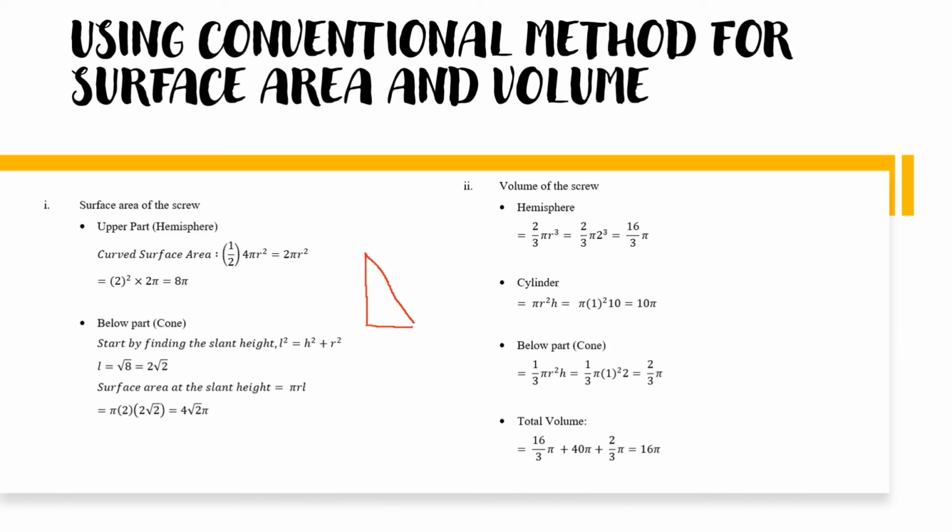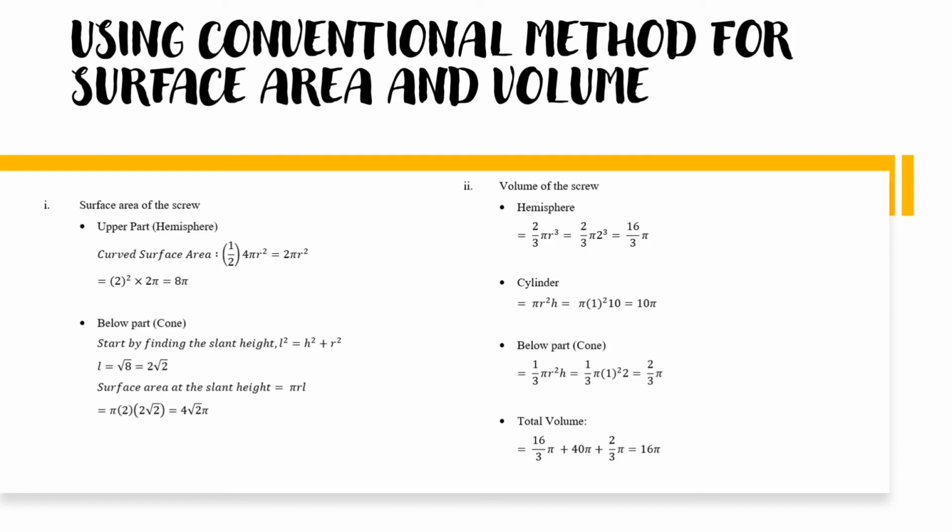So this is L, this is H, this is R. Then we got L equals 2 square root 2. So the formula is pi R L. L is the slant height, R is 2, and then you get 4 square root 2.